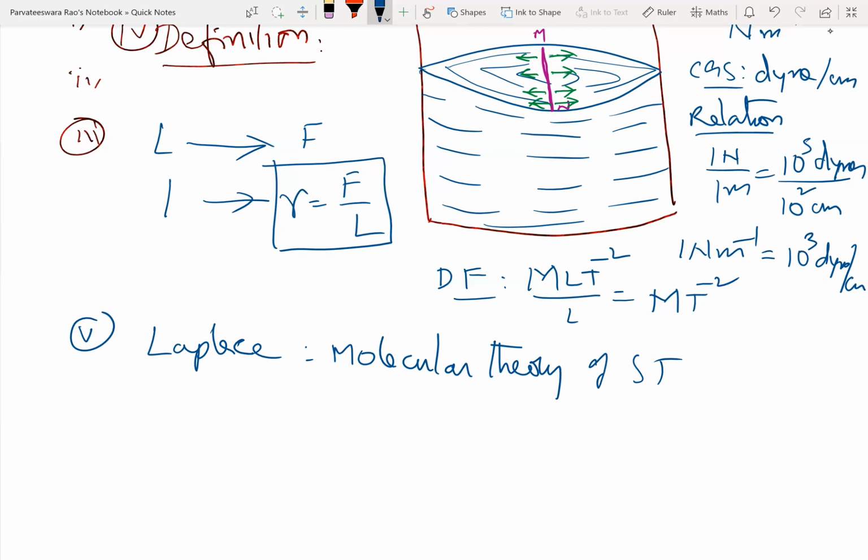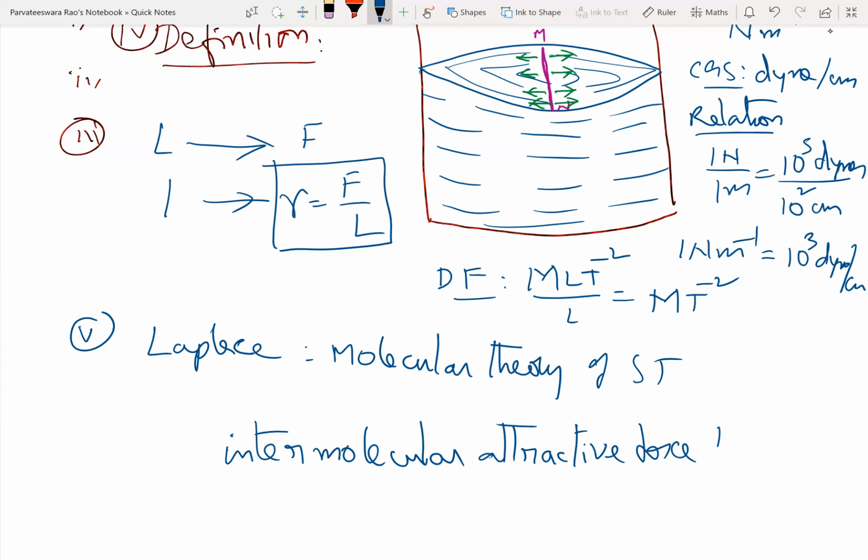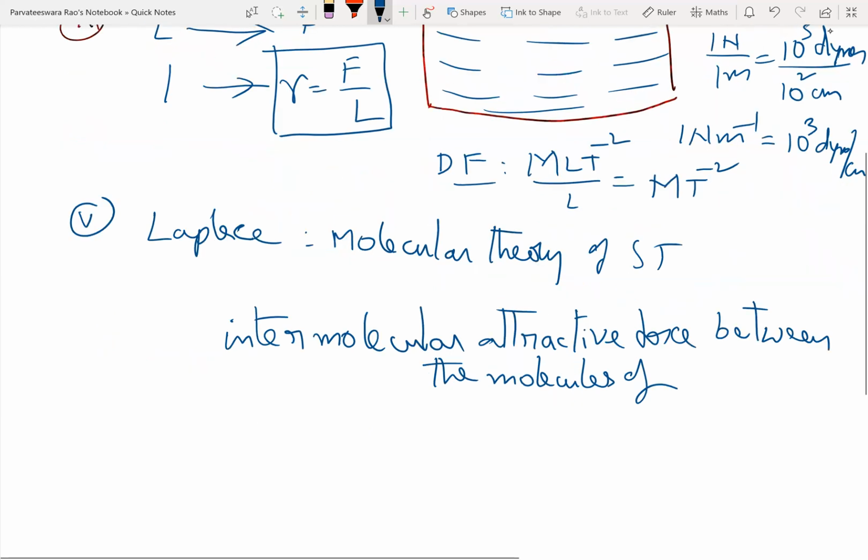Laplace explained the cause of surface tension with the help of the molecular theory of surface tension, in which he considered the intermolecular attractive force between the molecules of, we have two types.